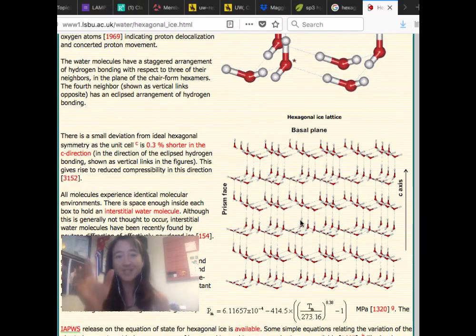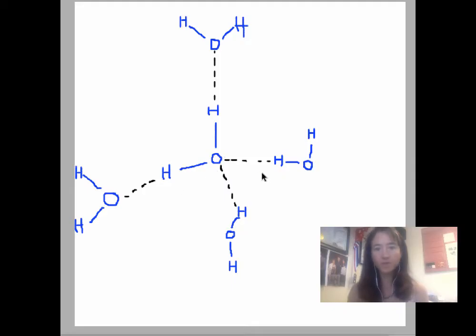Let me show you my cheesy drawing. So here central is the one water molecule that I've zoomed in on, and then looked at the fact that each hydrogen will bond with an H bond to each oxygen here, and then each oxygen can hydrogen bond to two hydrogens.